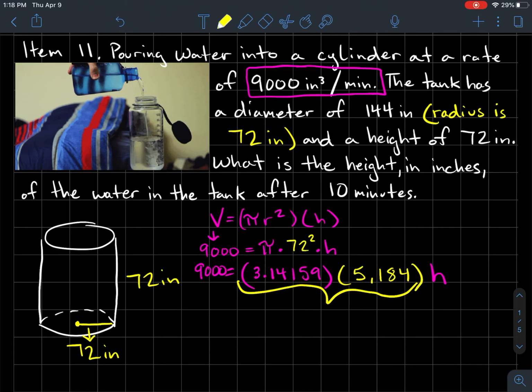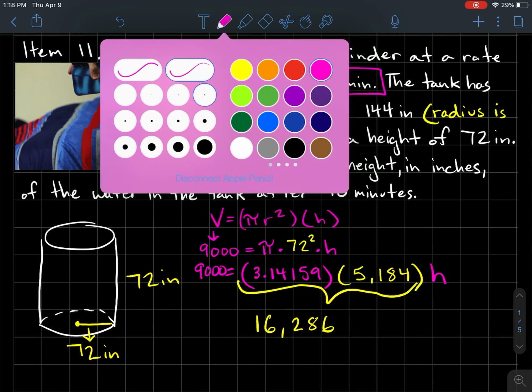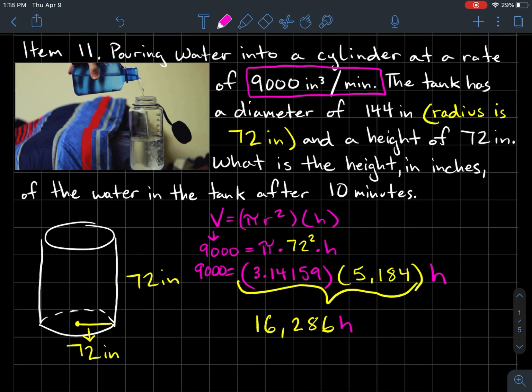And the number we're going to get is 16,286. It's actually 0.002, but we don't really need to worry about that. So we're going to eliminate those decimals. And we're going to get 16,286 times the height is equal to 9,000.